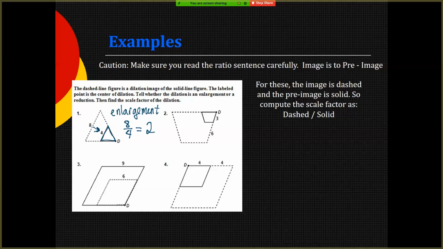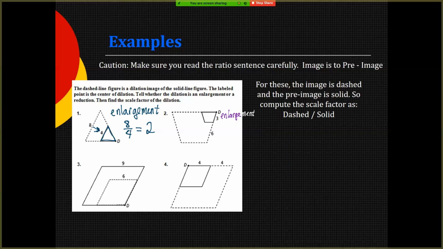Take a moment and see if you can do question number 2. So question number 2 is an enlargement. The solid figure has been enlarged to become the dotted figure.